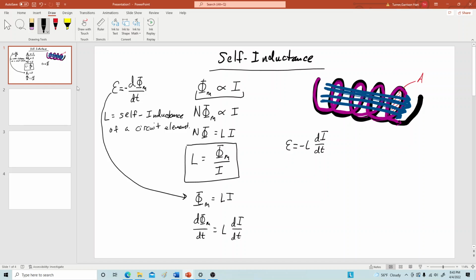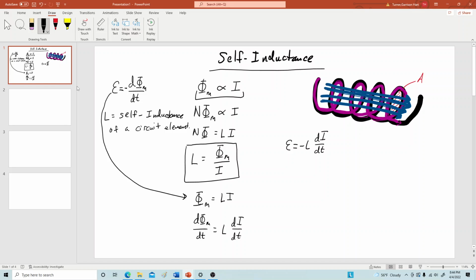But if you have an external battery, such as in an RL circuit, a resistor-inductor circuit with a battery, then this is not going to be the potential across the system. It will be the potential across the inductor.